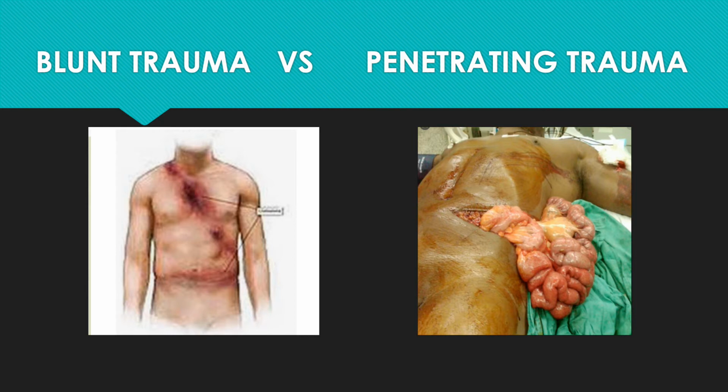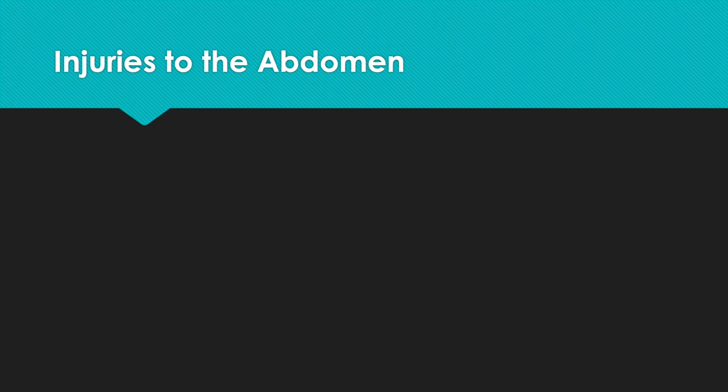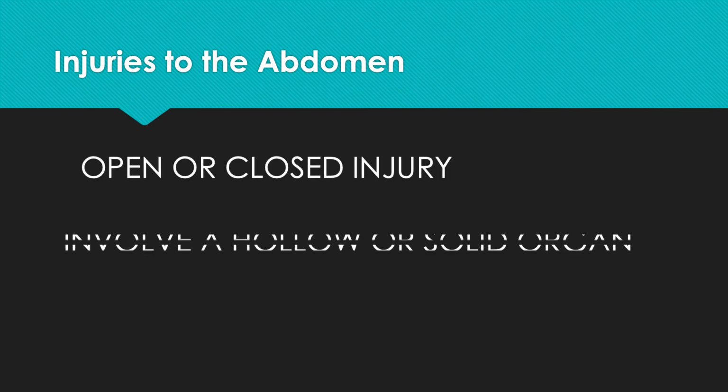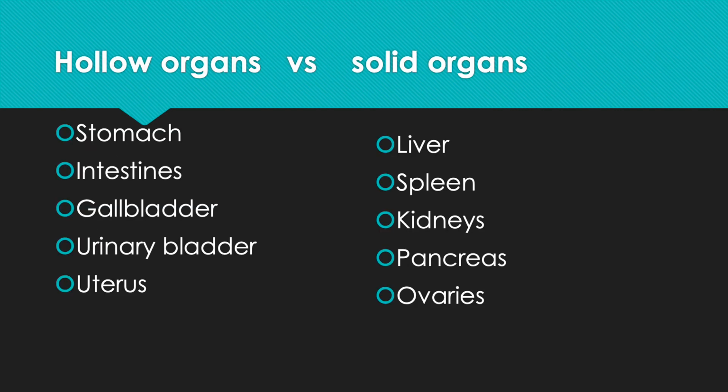Abdominal trauma can either be a blunt force trauma or a penetrating trauma. Injuries to your abdomen are either opened or closed, and they involve a hollow or solid organ. You could have hollow organs or solid organs.